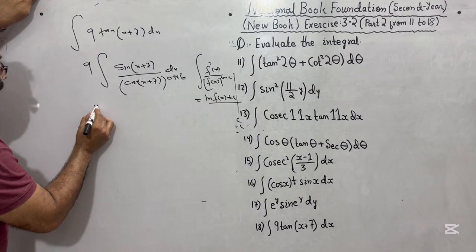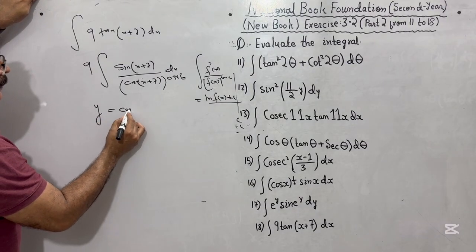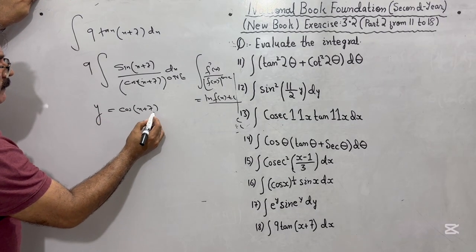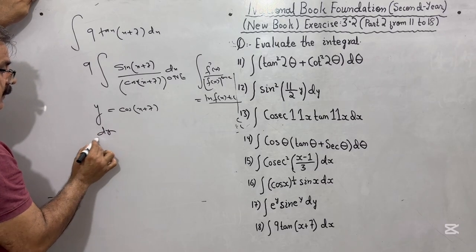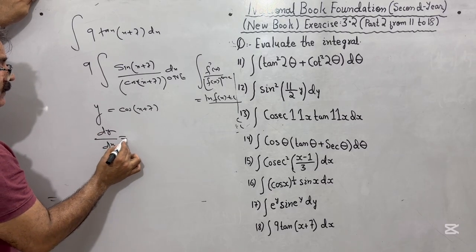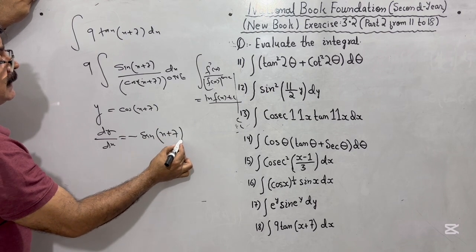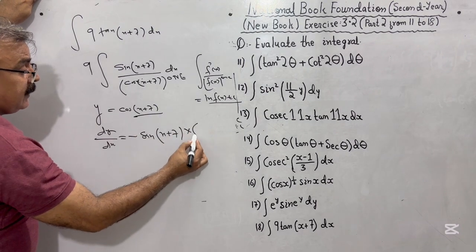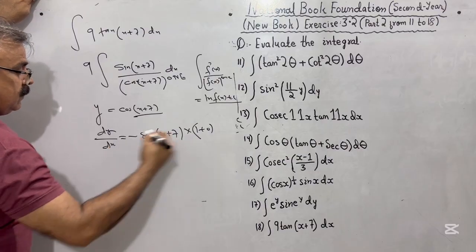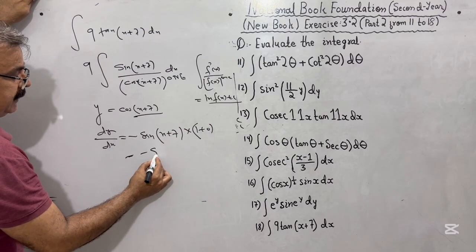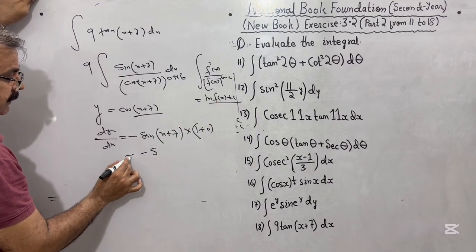Okay, suppose y is equal to cos, inclination is x plus 7 argument, differentiate dy over dx, differentiation of cos is minus sine. We have right angle same. Then differentiation of angle, differentiation of x is 1 and 7 is 0. Multiplying with 1 is of no effect.